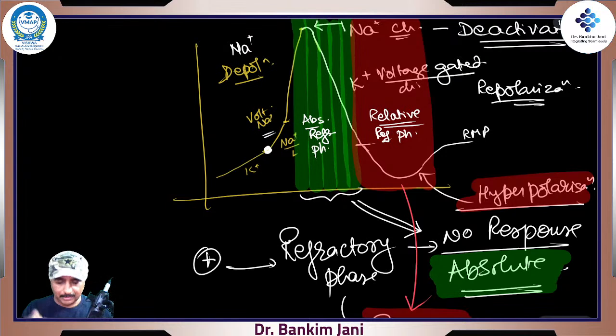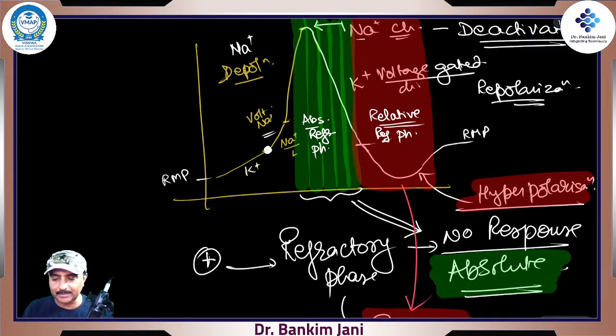When we talked about the neuron, we said that these are the potassium channels which will start influxing. This is our resting membrane potential. As these channels open, it gradually starts rising, and then the voltage gated sodium channels open, and that leads to depolarization.